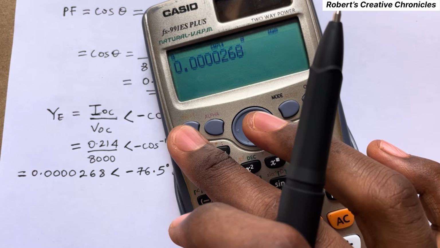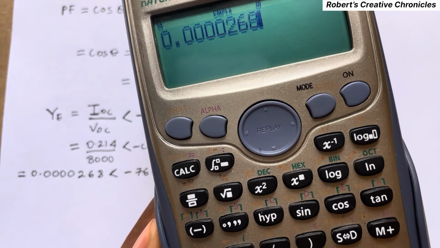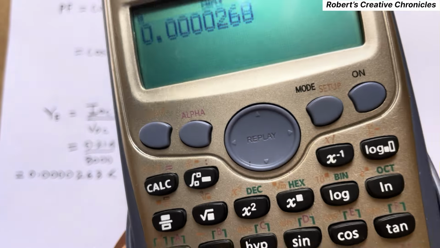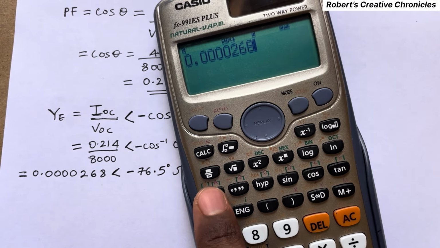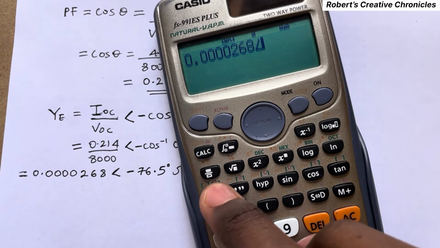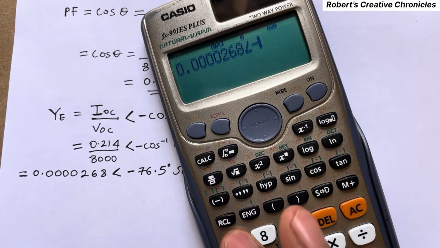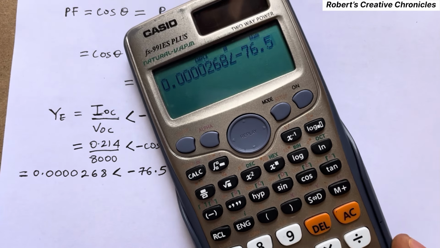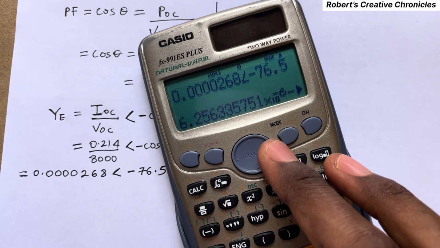After you press shift, then you press this, you see, this is the sign that's here. So you press shift and this one. Then you write the angle, which is negative 76.5, and you press equal to. You see, the answer is now in rectangular form.